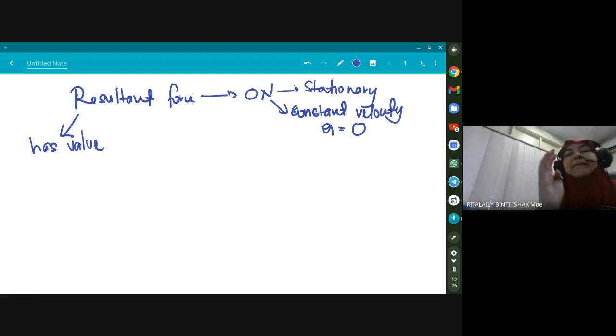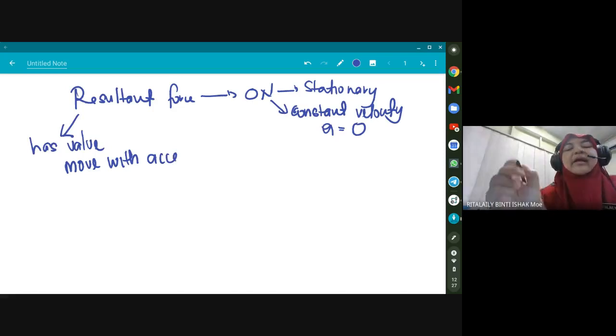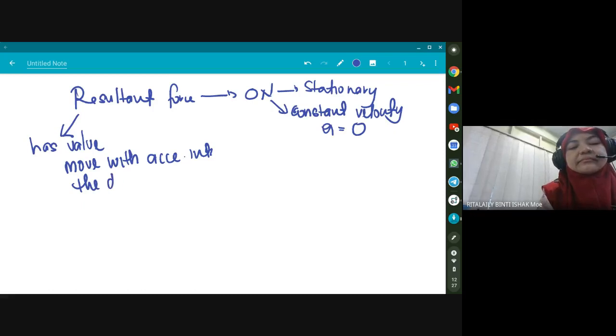But when an object has a value of resultant force, for example you have two forces that are not equal in opposite direction, or two forces in the same direction, it will give you a value of resultant force. That object will move with acceleration in the direction of the resultant force.